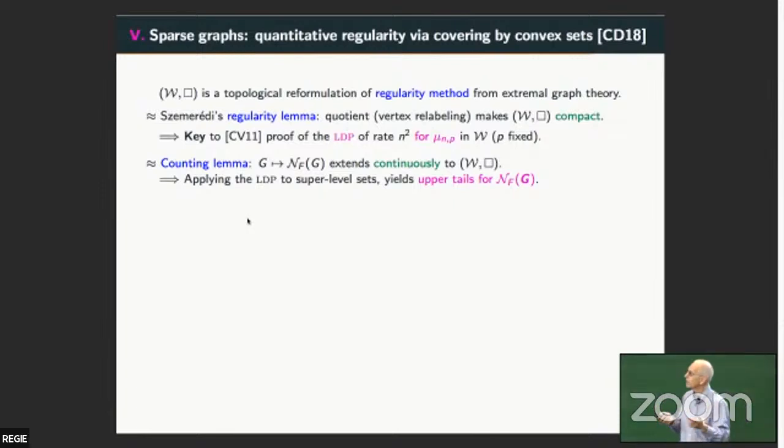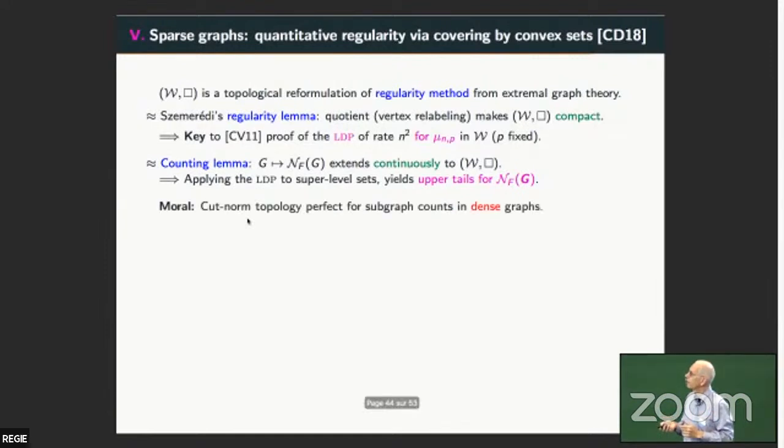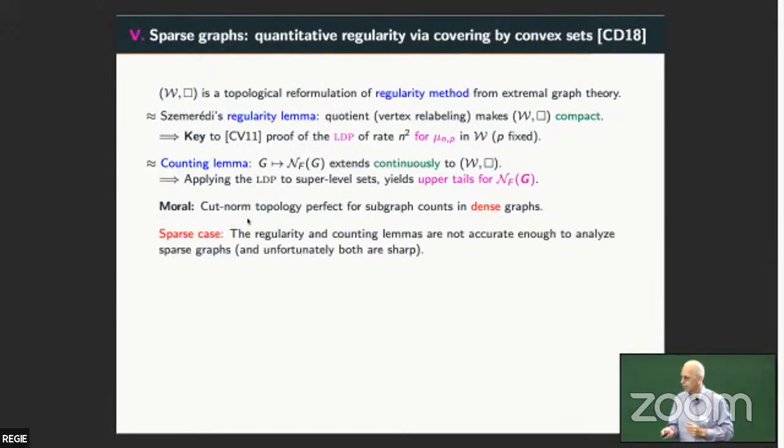So you want to do exactly the same, maybe, in the context of sparse graphs. The moral here is that, as I said, the cut norm topology, the one that comes from this box distance, is optimal, perfect for dense graphs. You want to do it for sparse graphs, and you encounter a problem.